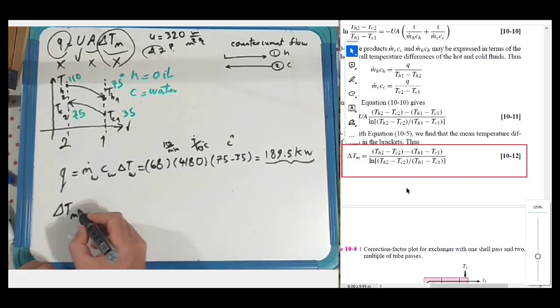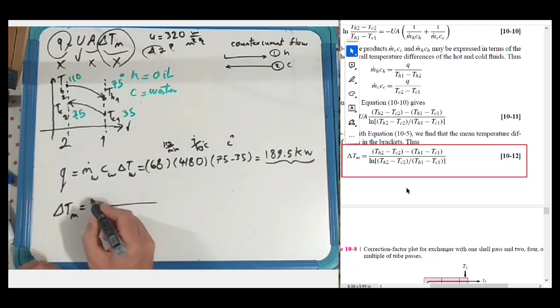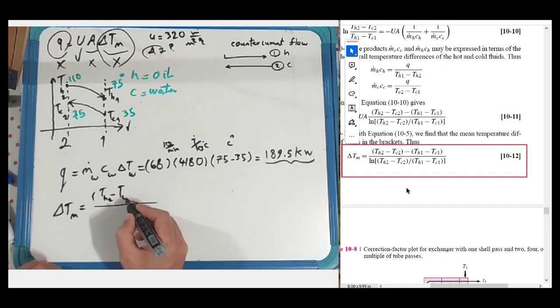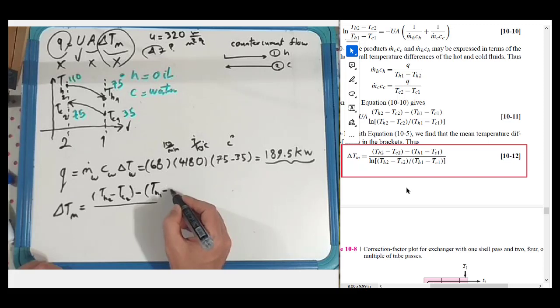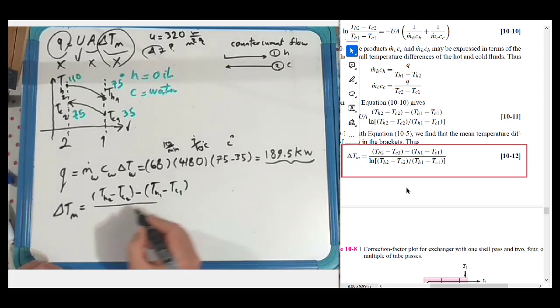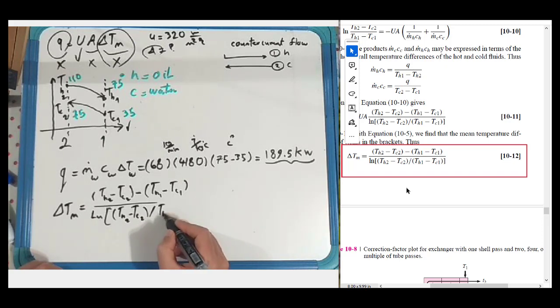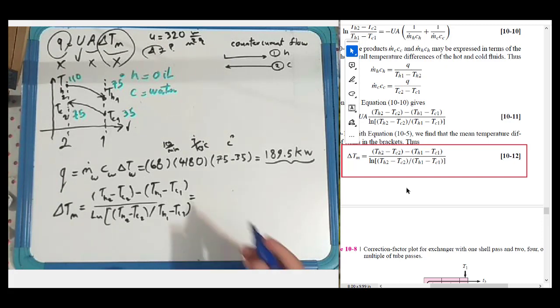Delta Tm equals TH2 minus TC2 minus TH1 minus T cold 1, divided by ln of TH2 minus TC2 divided by TH1 minus TC1. We should substitute these values into the formula and calculate.